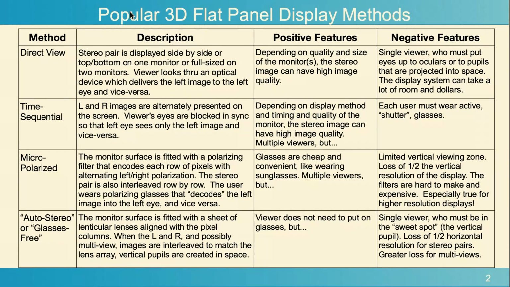So I don't think there'll ever be an 8K. We have 4K interleaved monitors now, and we've already lost the vertical viewing zone. It'll get even worse if you try to do an 8K display. So we need something else, and that something else is the OLED display.